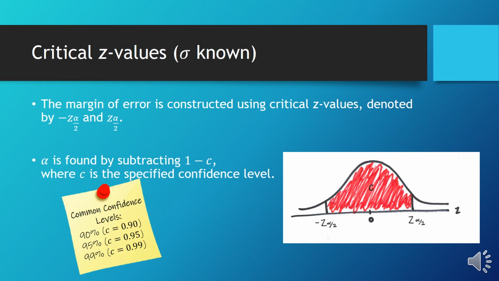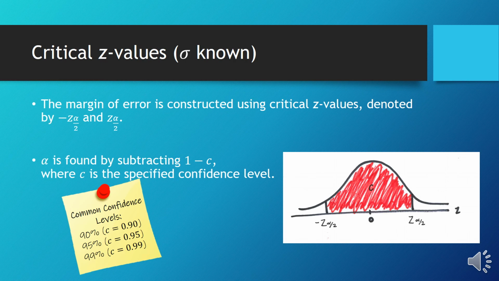Okay, like I mentioned on the last slide, critical z values help us construct the margin of error. And I told you that I would give you a little bit more information about what alpha was. So alpha is found by subtracting 1 minus c, where c is the specified confidence level. Here you see that I've drawn you a little picture, and this is our normal curve.